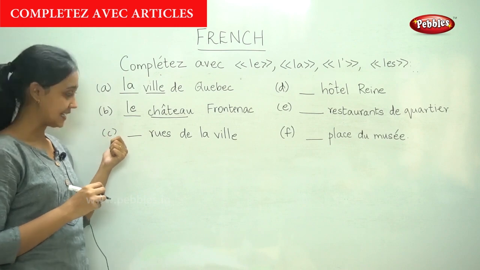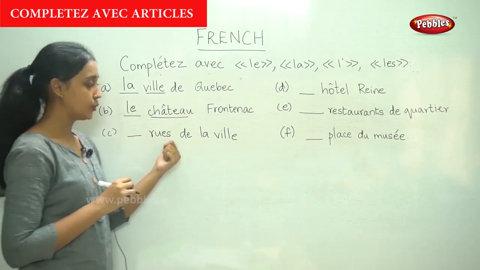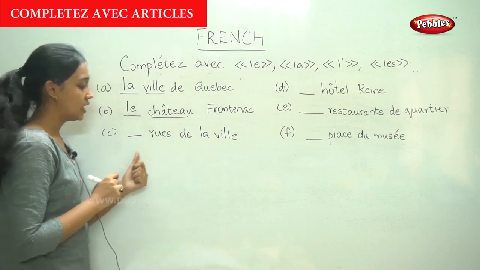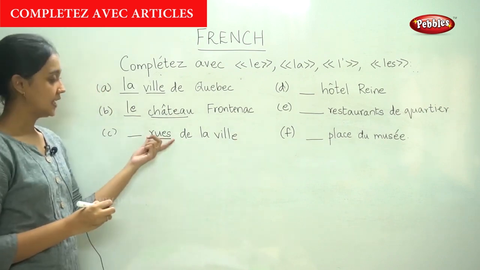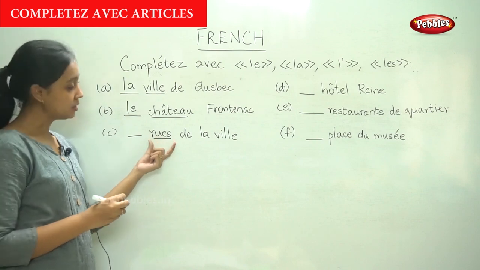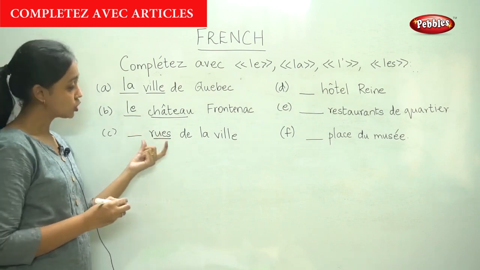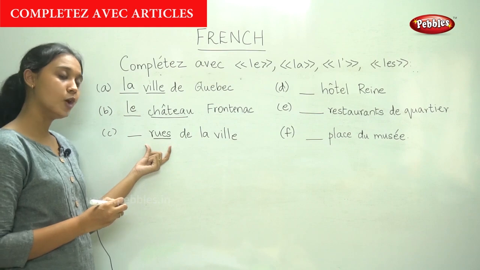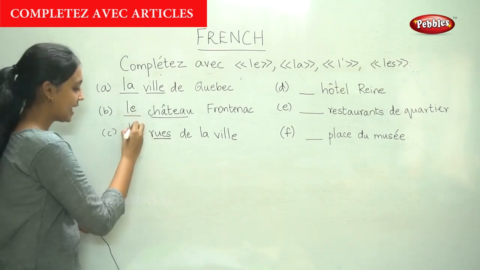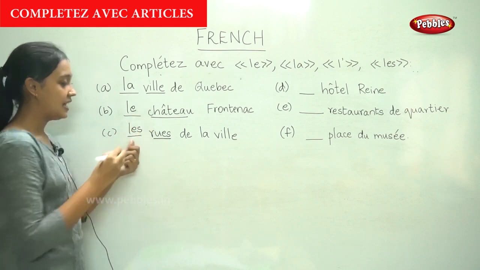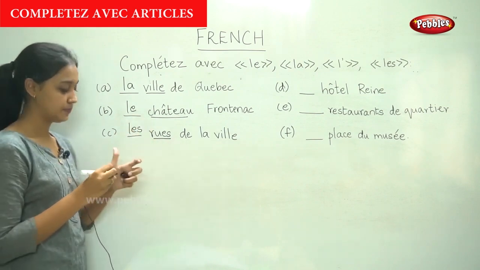Now the next sentence: dash rues de la ville. Now the word we need to consider is "rues." As we can see, it is in the plural form. So when a noun is in the plural form, what is the article we would use? It is "les." "Les rues de la ville."